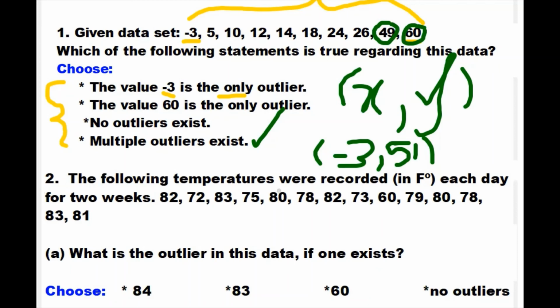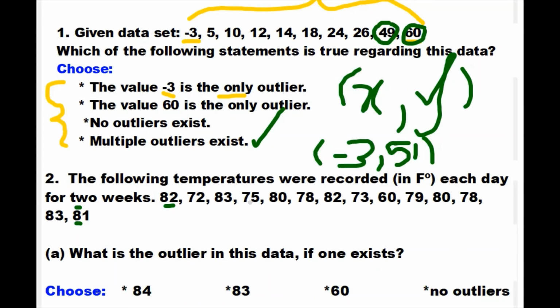The following temperatures were recorded each day for 2 weeks, and we have numbers from 82 to 81. Looking at this, we can see that our set of data is not ordered in any way. So let's just look through the numbers and see which numbers stand out. We have 82, 70, 80.